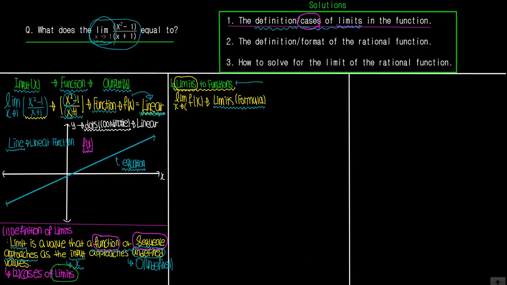This one and this one are closely related because they are the types of our function systems, especially when you apply our limits to our function. So if you apply the limit of our x value, when the x value, which is our input, approaches our c value, the limit of our f of x is what we need to solve.